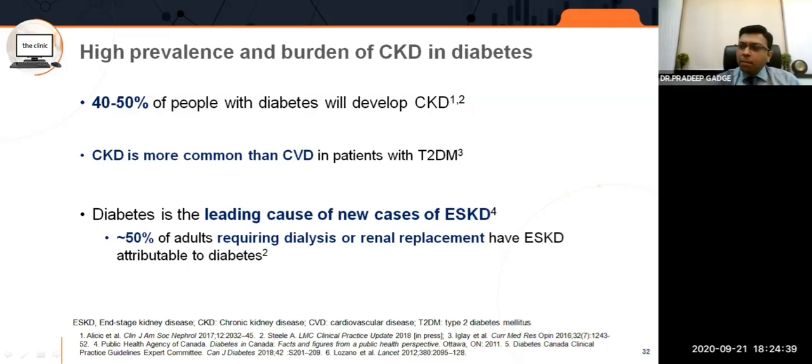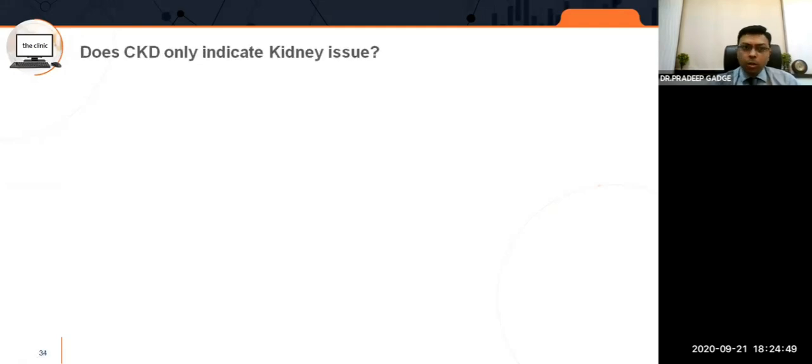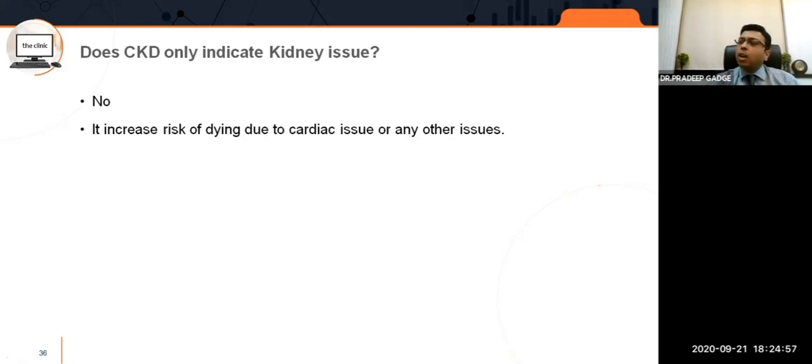So what we understand basically is that CKD is common in diabetics, very common. Now does CKD only indicate a kidney issue? No. So what does this indicate? It increases the risk of dying due to cardiac mortality as well as all-cause mortality. All other mortality causes are also high in this patient.